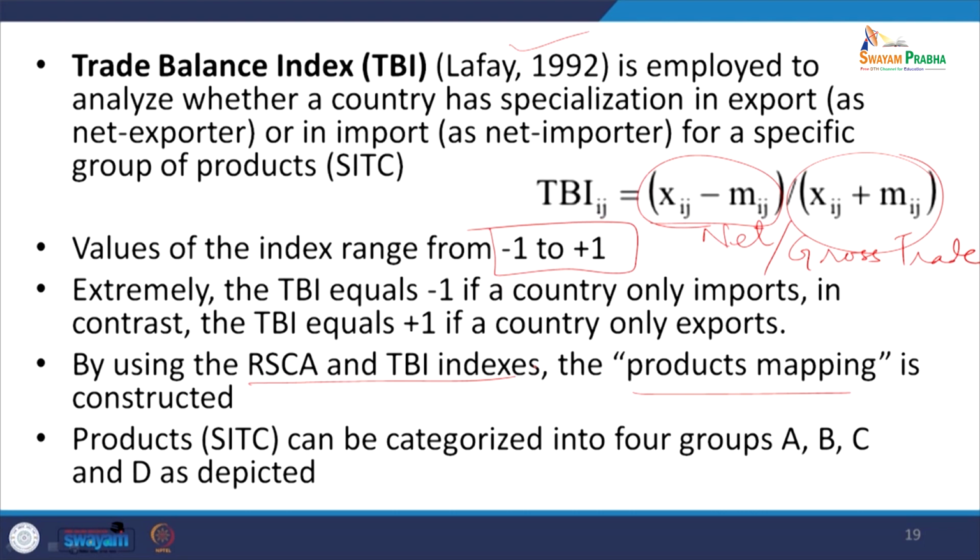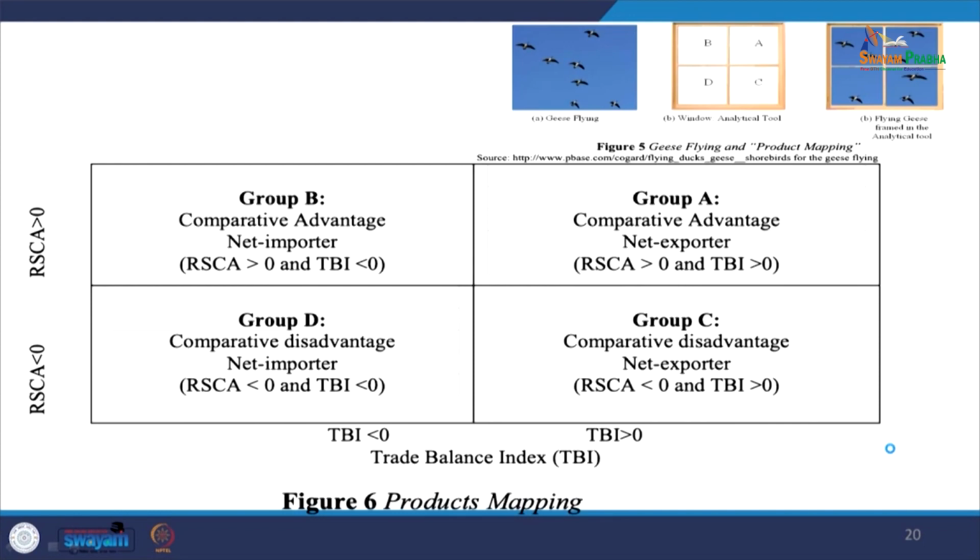So, by including two indices together, we can put it into 4 groups, that is A, B, C, D, and presented here. The same example, an imagination made by the author, from where we put it into 4 boxes. Now, look at this first, and then this and this.